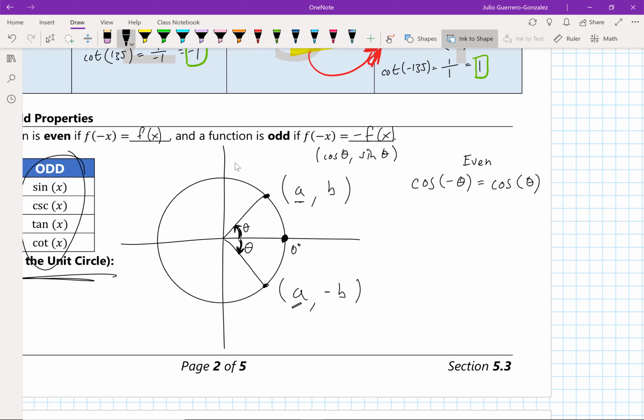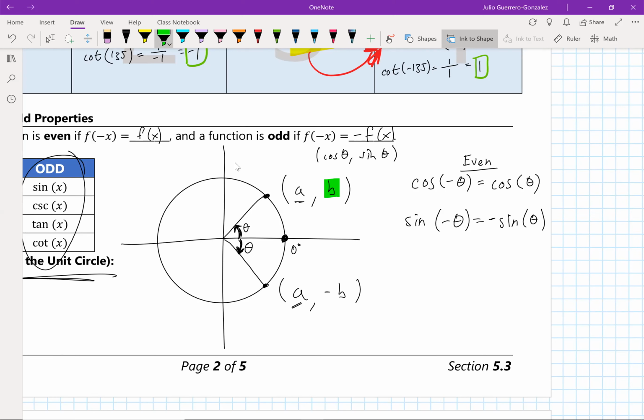And then likewise, let's say we had sine of a negative angle. From our drawing, we know that is equal to negative sine of that positive angle, because sine is referring to that y value.